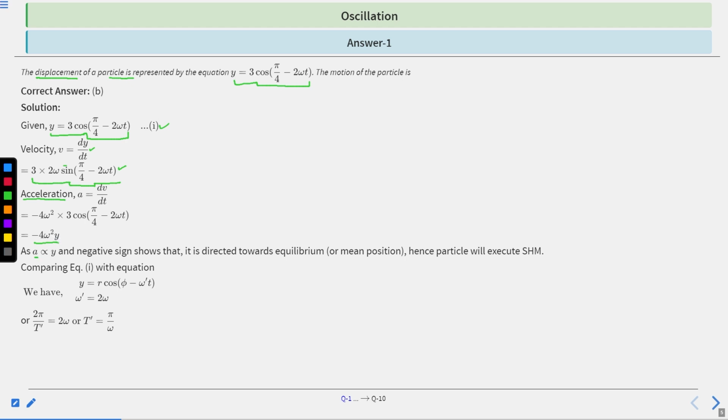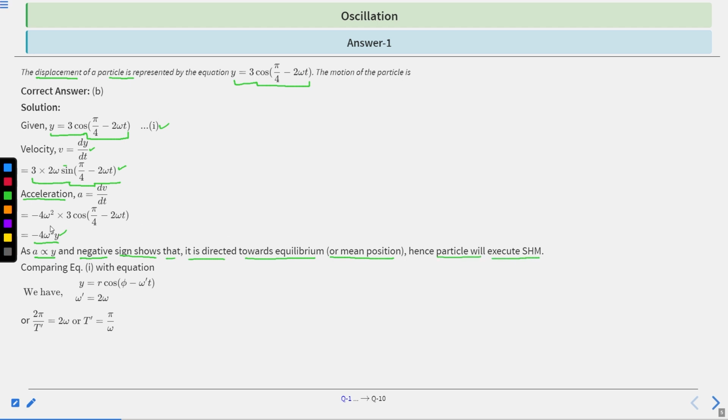As a is directly proportional to y, and the negative sign shows that it is directed towards equilibrium, or we can say the mean position, hence the particle will execute SHM.